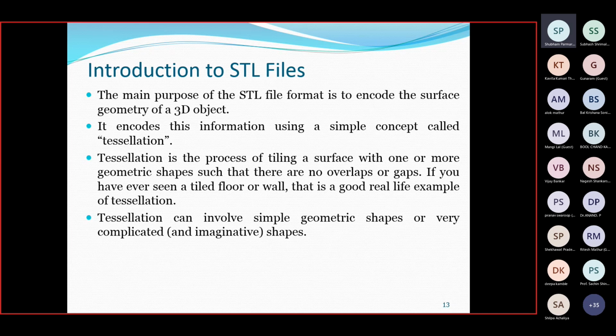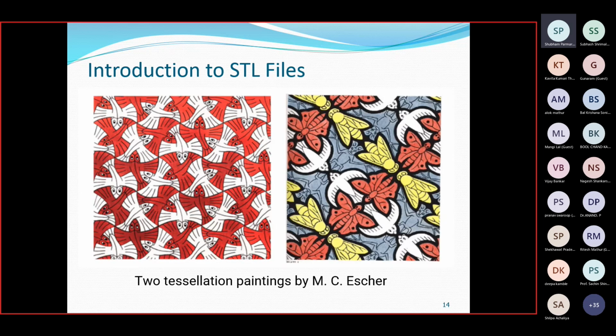One triangle itself is one tile, and that tile will be adjusted with different tiles. That was MC Escher. He started the tessellation paintings, and from there Chuck Hull got the inspiration to generate STL files.